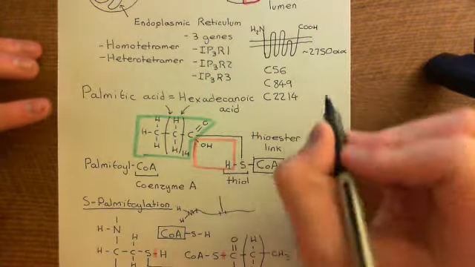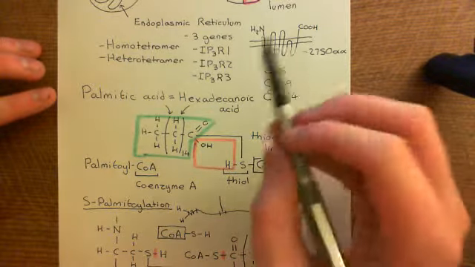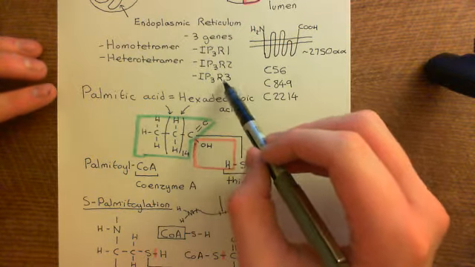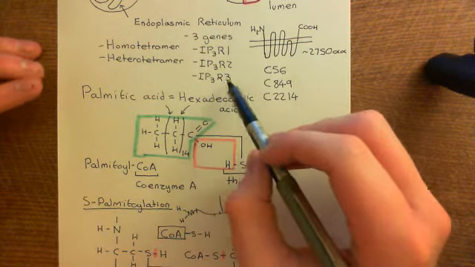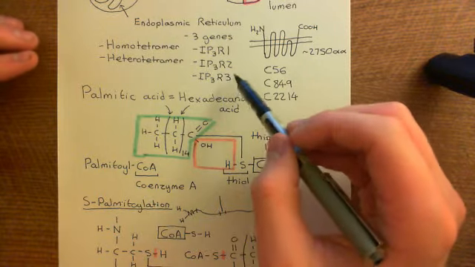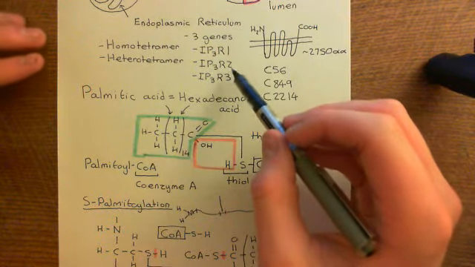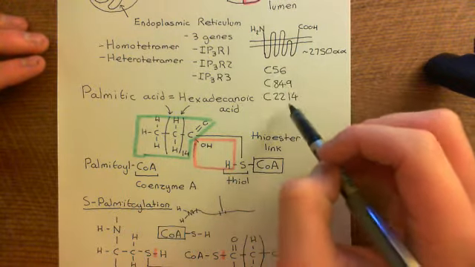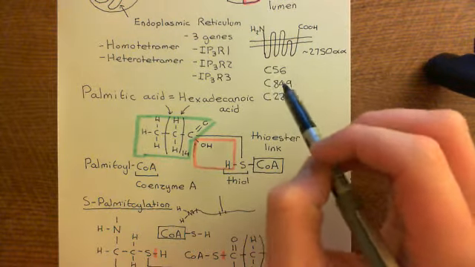This is cysteine 2214. Now, we suspect that the IP3 receptor subtype 2 and the IP3 receptor subtype 3 are also palmitoylated, but this is an area of ongoing research and it hasn't been characterized yet. The main reason we suspect they're palmitoylated is that they have at least two of these cysteines at equivalent positions.